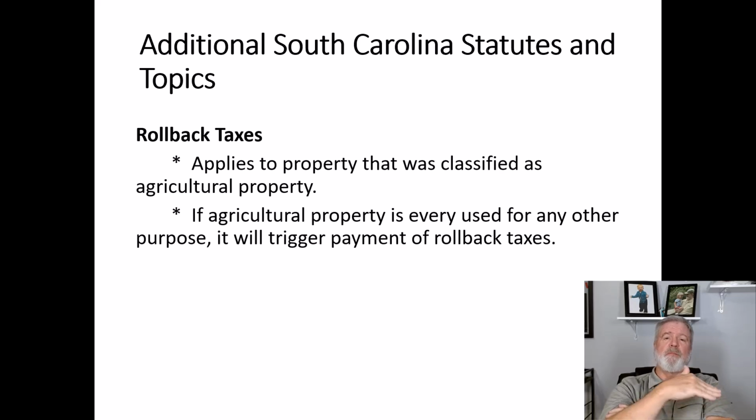Therefore, they will allow you to pay the lower rate, in this case 4%, versus the 6%. So almost everybody that owns more than 5 acres will have the additional acreage classified as agricultural to bring the 6% rate down to the 4% rate for all of the property. And that's legal. There's nothing wrong with that.